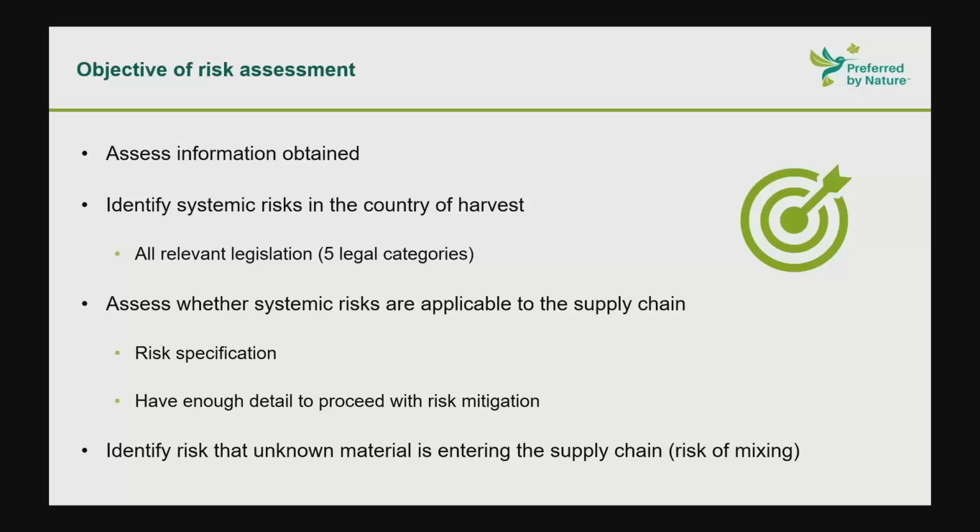And that's a process that can be called risk specification. So it's zooming in from the higher level to the more detailed level of your own supply chain. And the idea is also to have enough detail, if there is a risk, to proceed with the last step, which is risk mitigation. And during this process, you will also ask yourself whether there's a risk that unknown material is entering your supply chain.